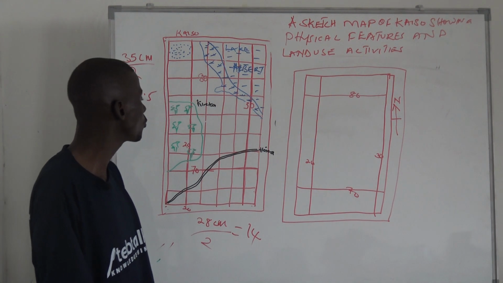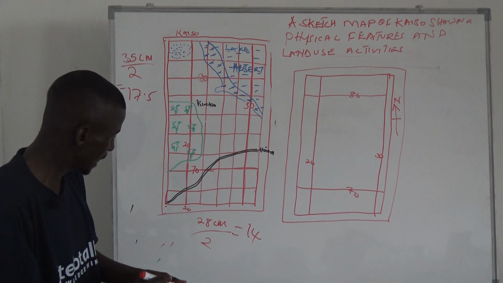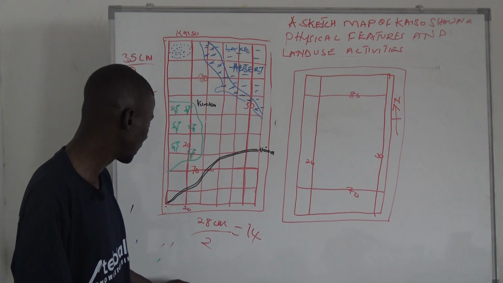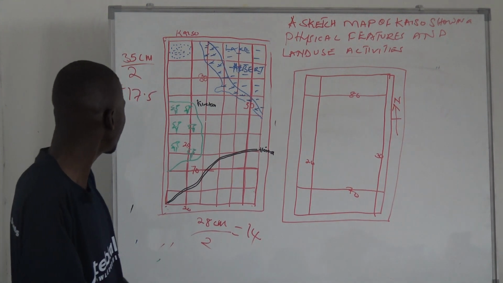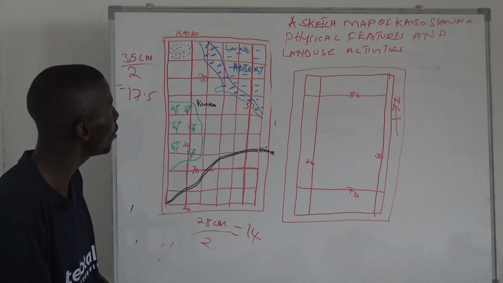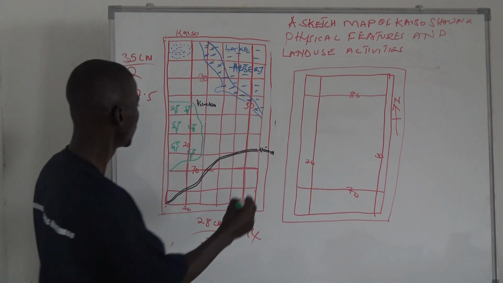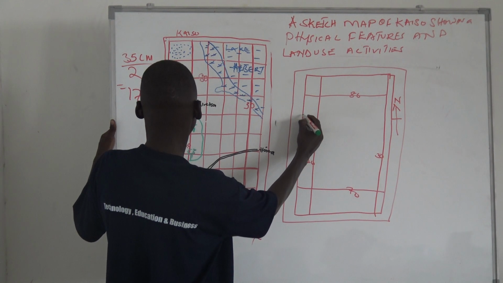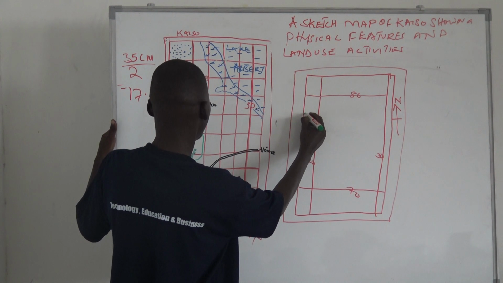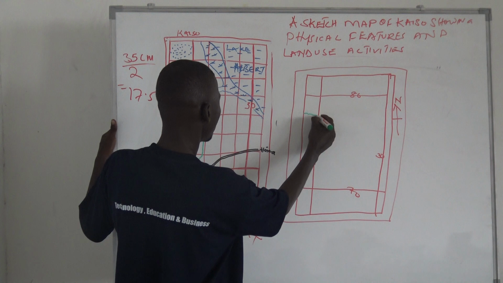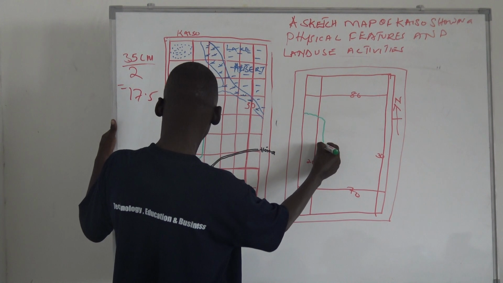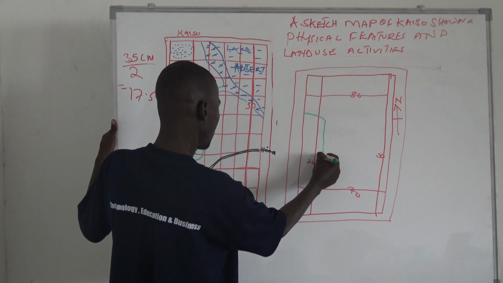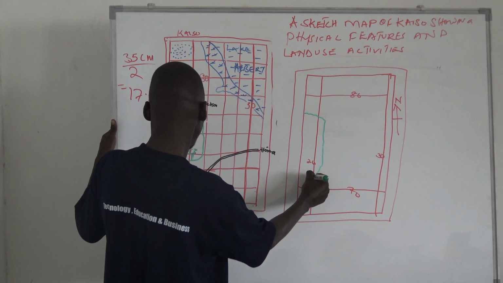Then after that, you will be required to draw in those features as you have been tasked. Task number 1 is to draw and label a forest. So you have to put your forest here. It is passing here, crossing line 20 slightly, coming to line 70.